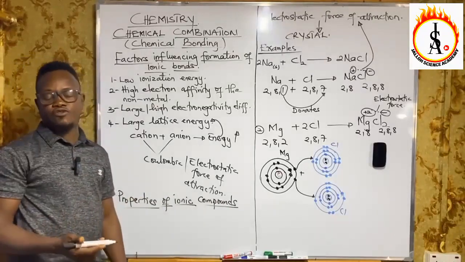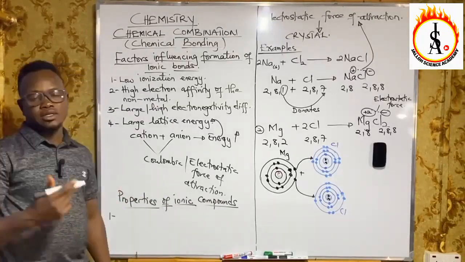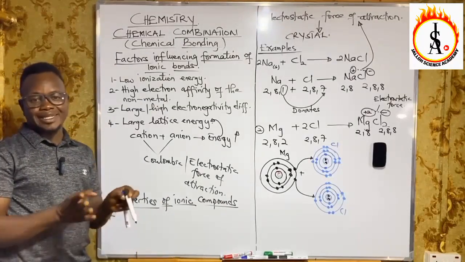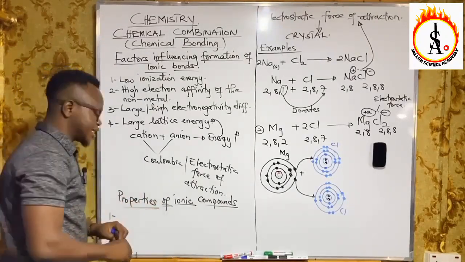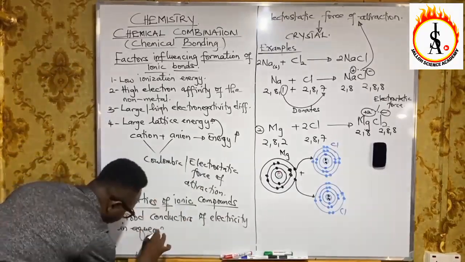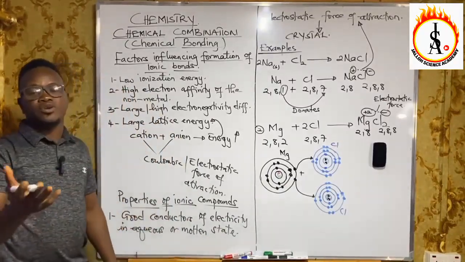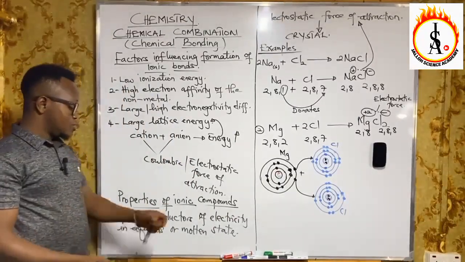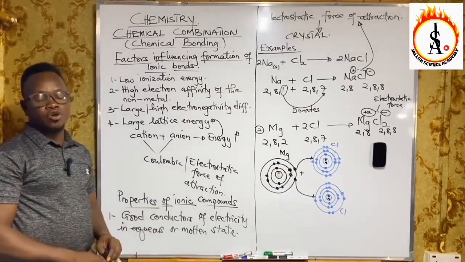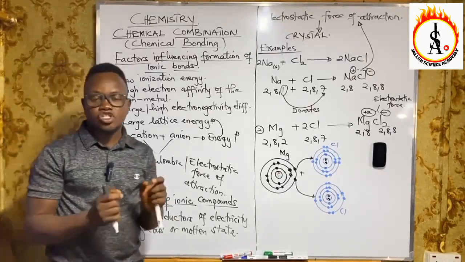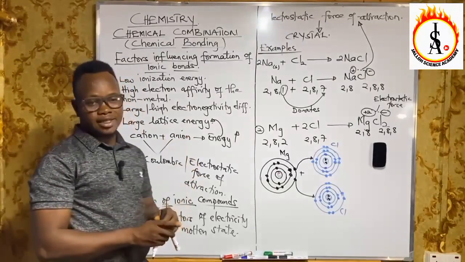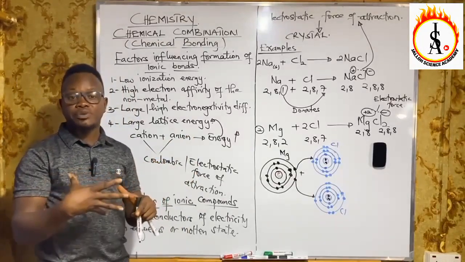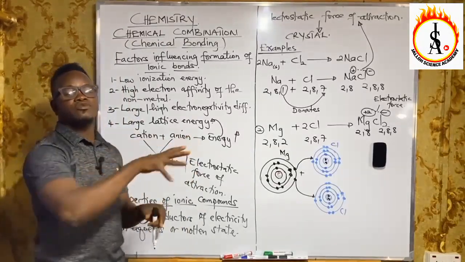Of the properties of ionic compounds, one, they are good conductors of electricity in their aqueous or molten state. Mind you, they only conduct electricity when they are in aqueous or molten state. The reason why they are good conductors of electricity in aqueous or molten state is because in the solid state, when they are solidified, the interionic forces are locked, which prevents the species from moving.